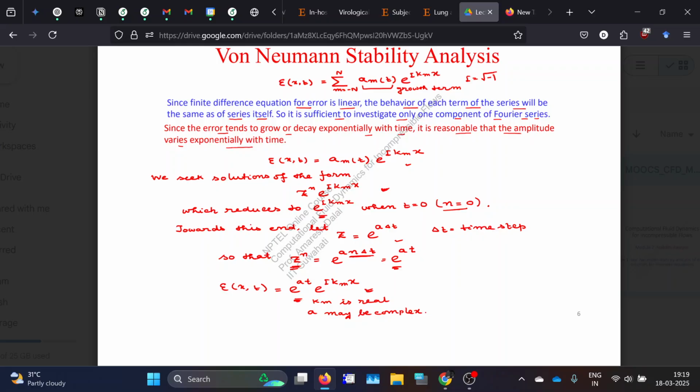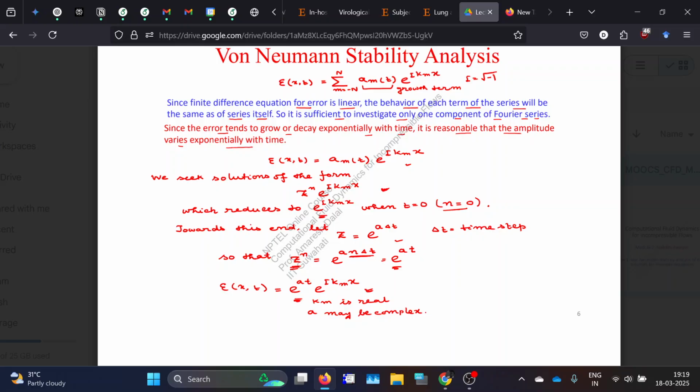That's what an exponential series is: you keep multiplying by something, and how much depends upon the time step. Basically z equals e power a delta t. Each time you move to the next time step, you get multiplied by e power a delta t.